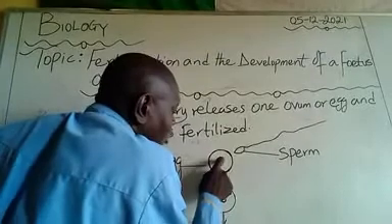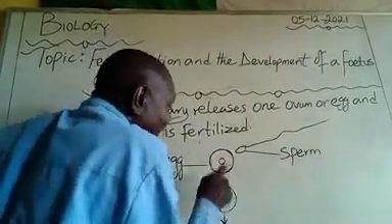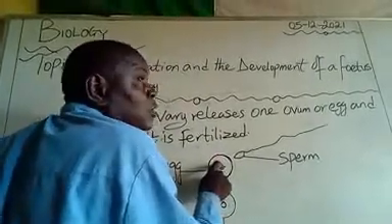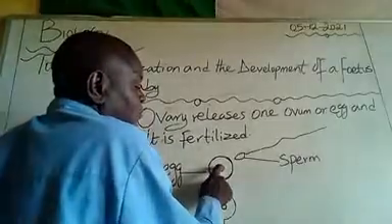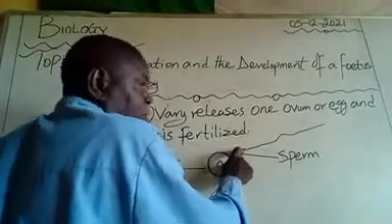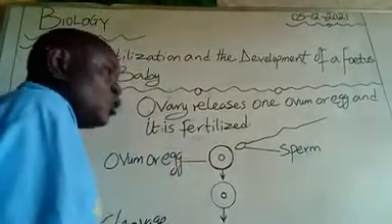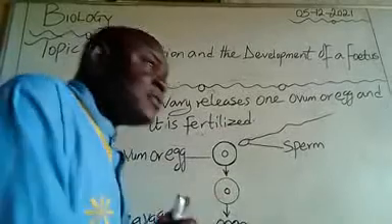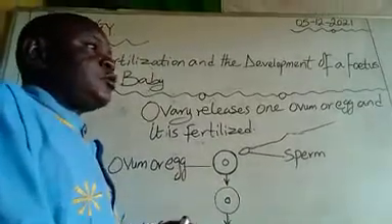As you can see, the ovum has what we call nucleus. Sperm has what we call nucleus. Okay? Nucleus contains chromosome.